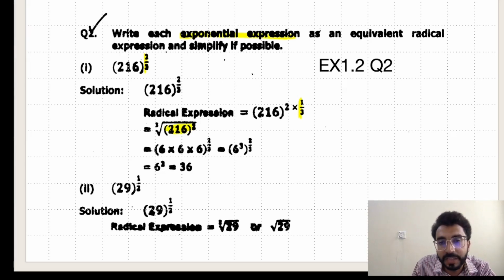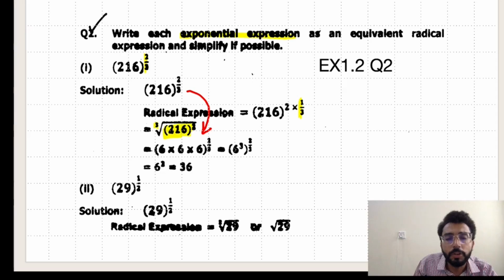The expression given under this radical sign is called radicand. 3 is called index, and this is our radical symbol. So first we have changed this exponential form into the radical form. So now solve this question.